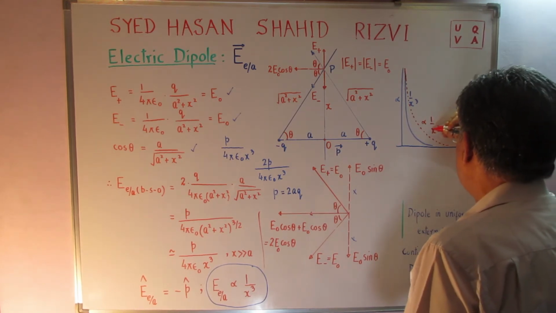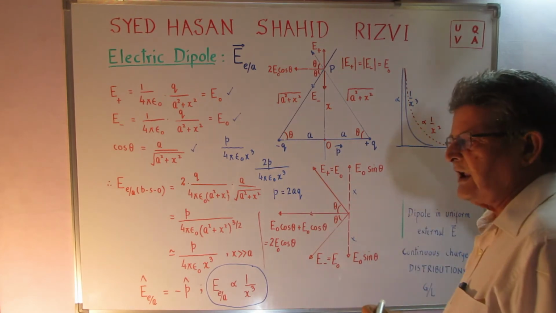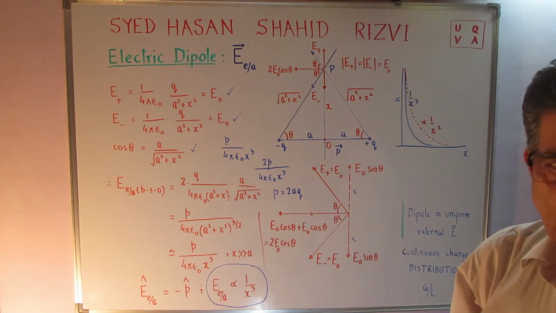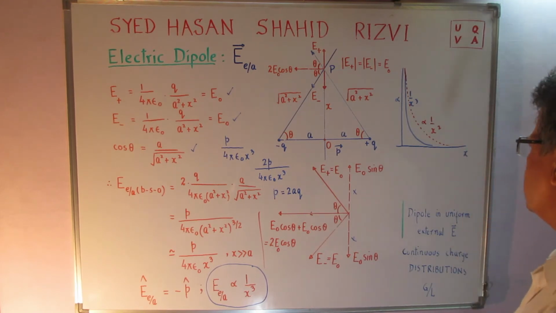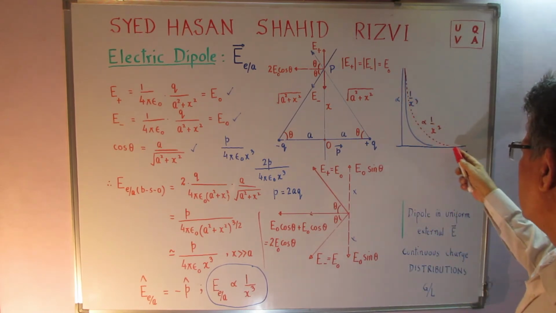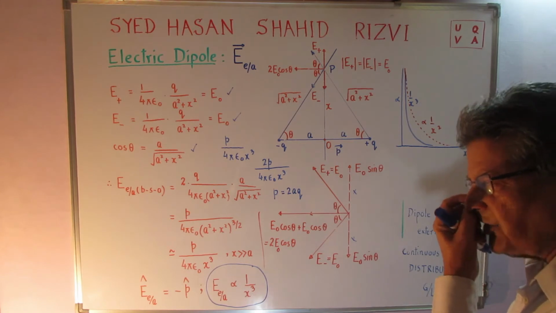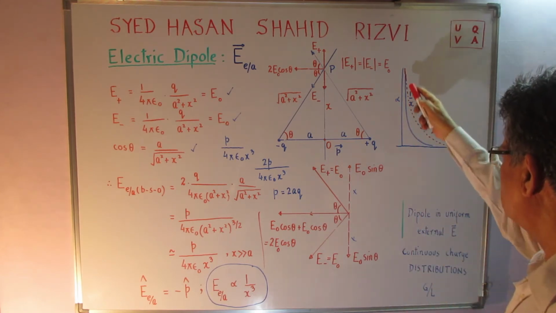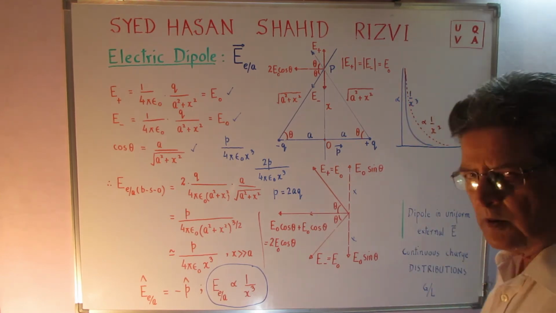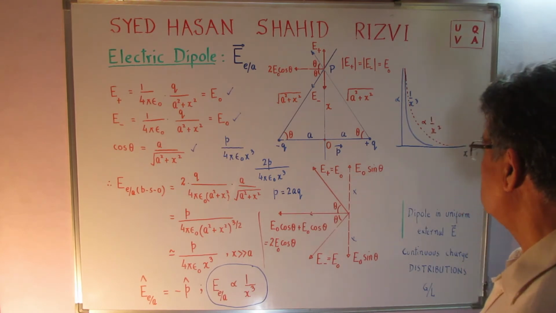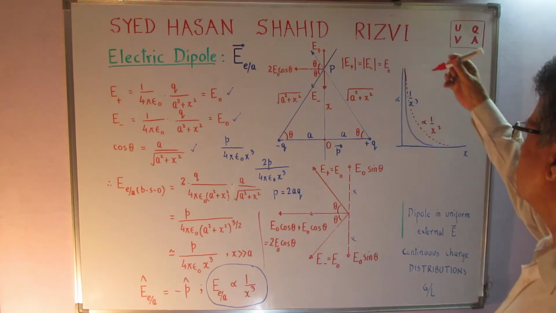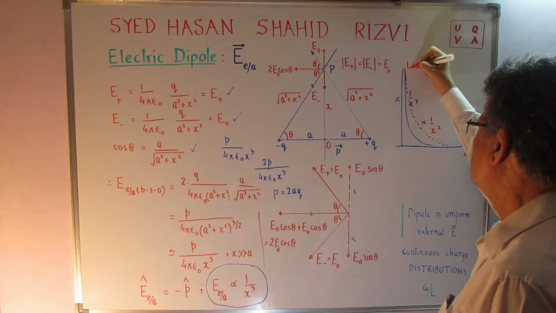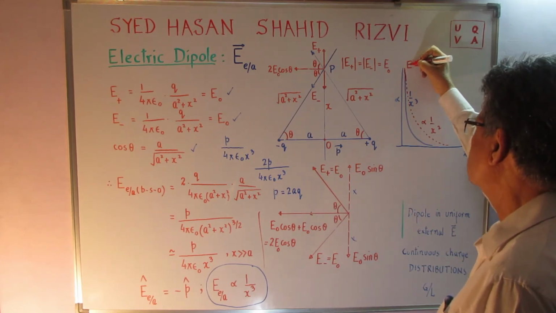So you can see that the electric field due to a single charge does not vanish as fast as that due to the dipole. In the case of dipoles, this is how the fall of the electric field happens.